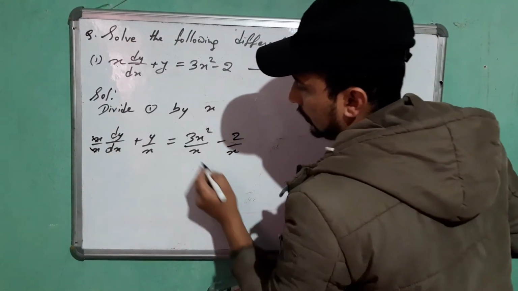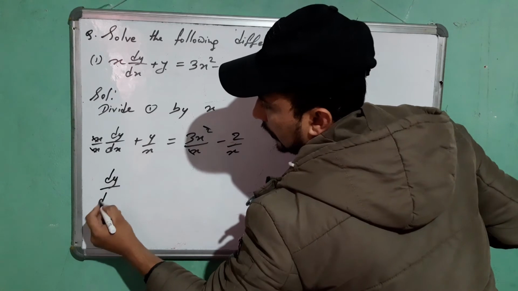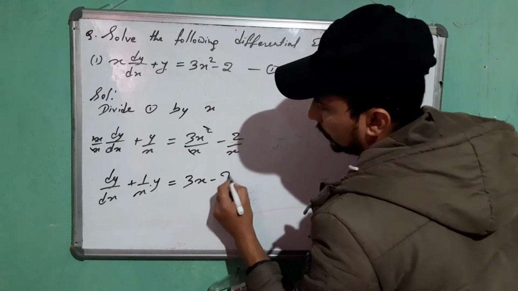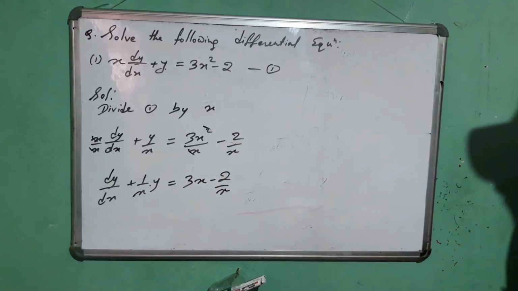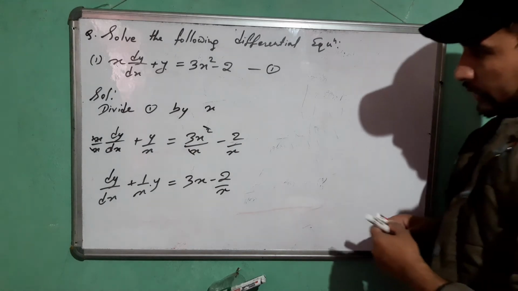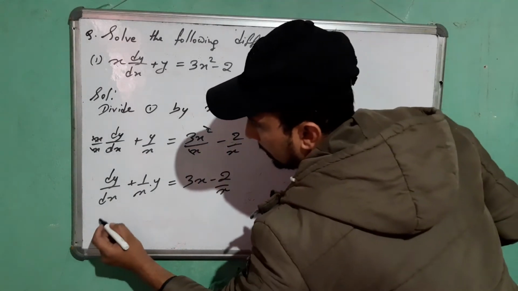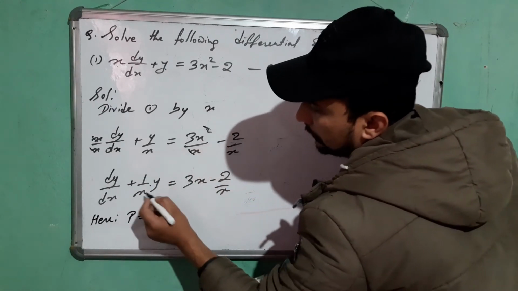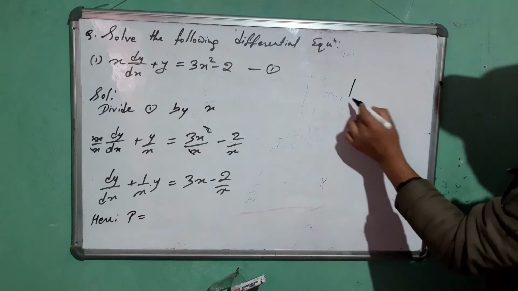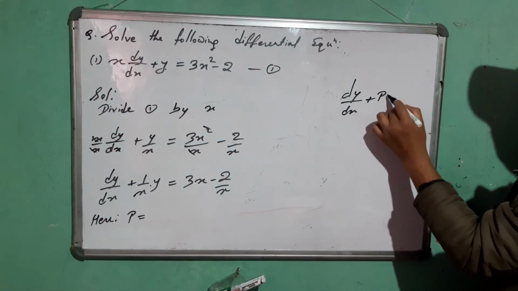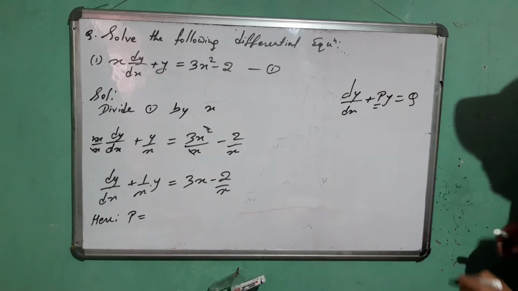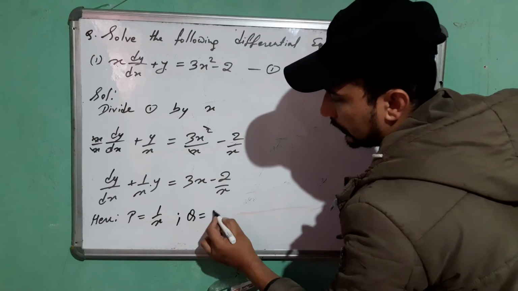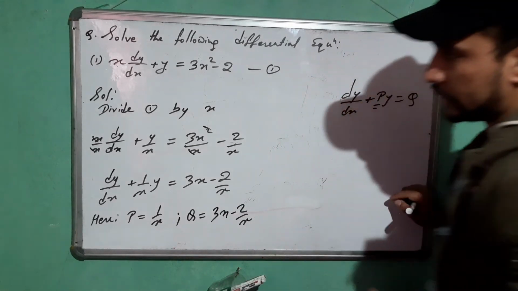This and this get cancelled. dy dx plus 1 by x y equals to 3x minus 2 by x. See, you can compare with dy dx plus py equals to q. So in place of p you have 1 by x, p equals to 1 by x, and in place of q you have 3x minus 2 by x.